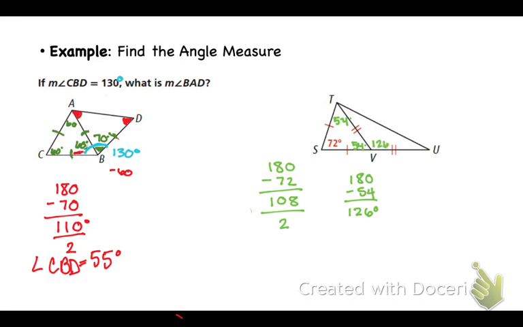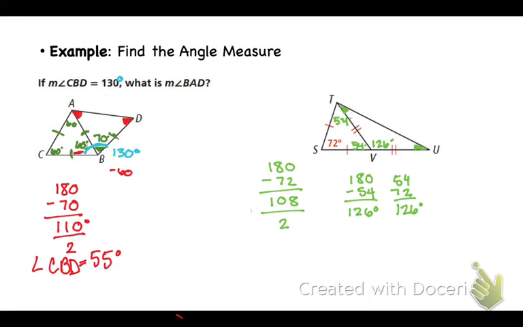I have a question for you. Didn't we get a rule that the exterior angle is the sum of the two interior angles? So is 54 plus 72 126 also? Yes. Okay, now we got to find this angle and this angle.